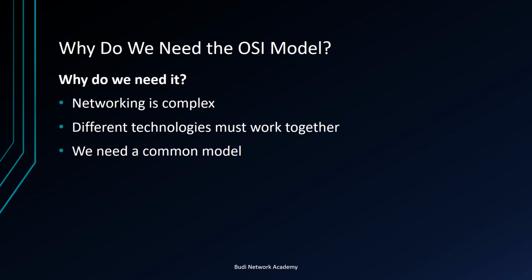The OSI model divides network communication into 7 different layers. Each layer has a specific role. This makes networking easier to understand, design, troubleshoot, and explain. Think of it as a way to break a complicated process into smaller and easier pieces.